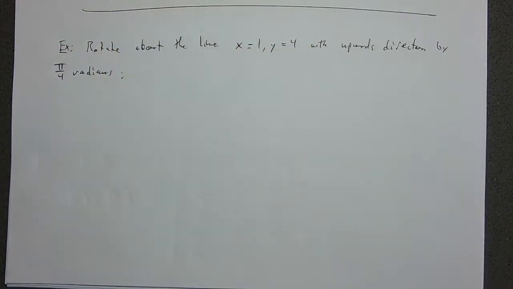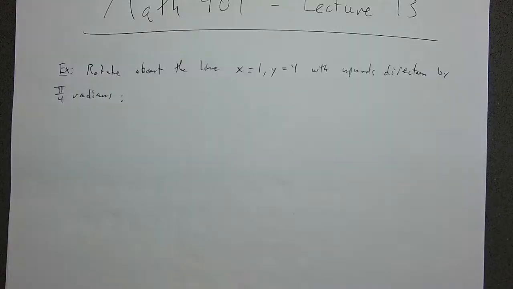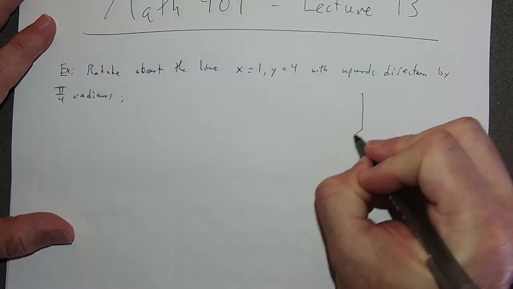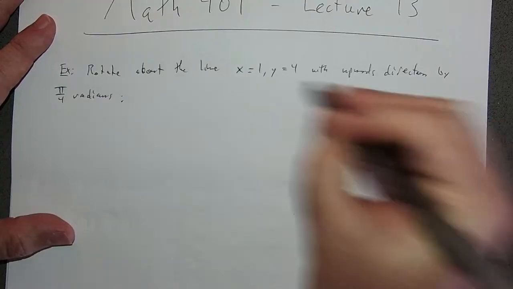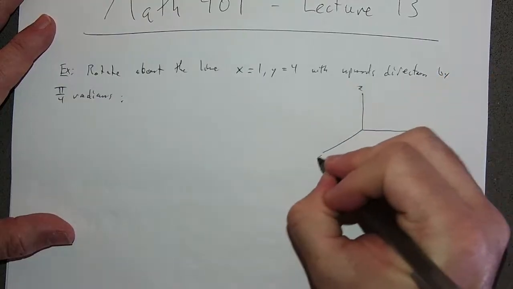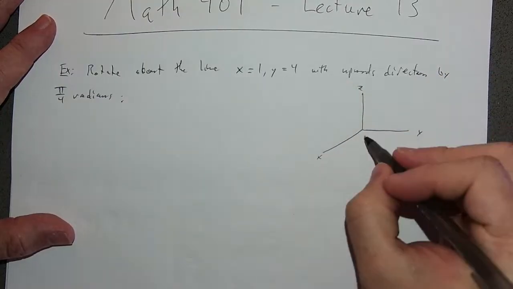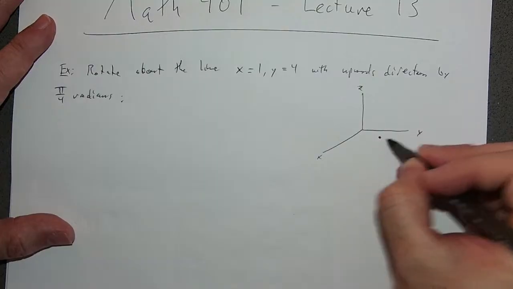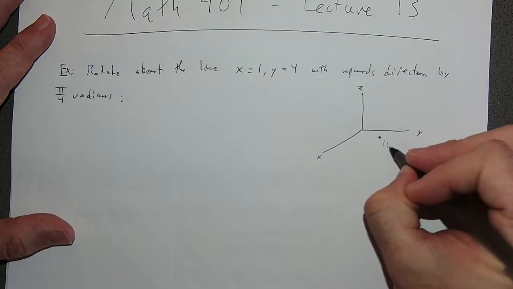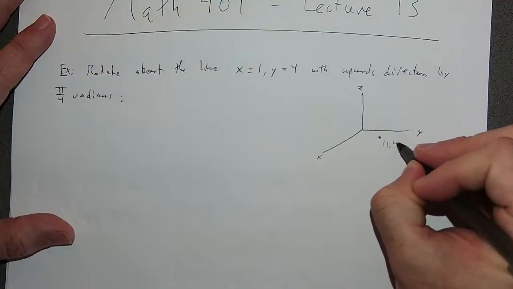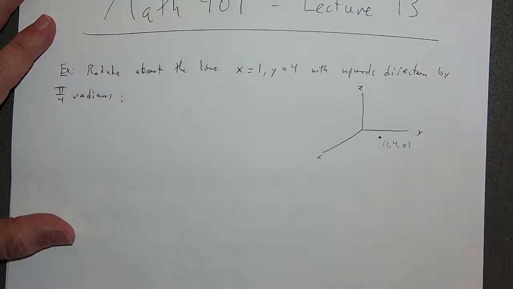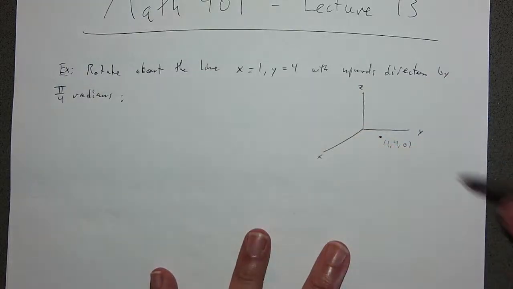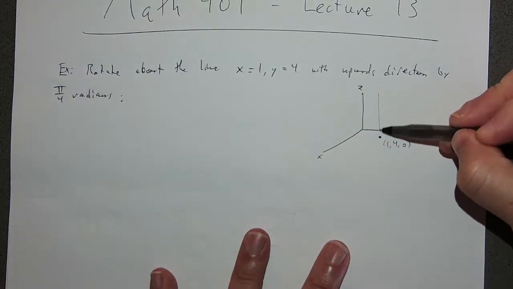What does that look like? So we're in space. The line x equals 1, y equals 4, of course, is here's the point 1, 4, 0, if you like. The line indicated here, of course, is this one.